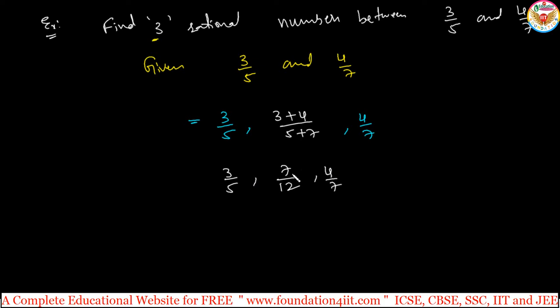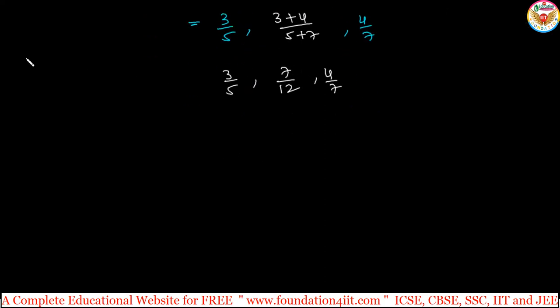So one we got, and two more we require. So what should we do? The 3 by 5 stays as it is, and the last one, 4 by 7, stays as it is. In between we need to find, and already in between it is 7 by 12. Now between 3 by 5 and 7 by 12, it is (3 plus 7) by (5 plus 12).